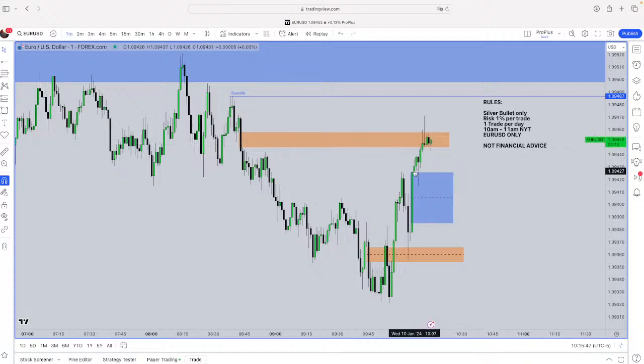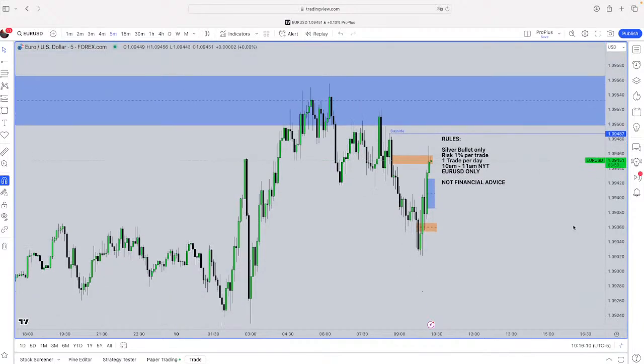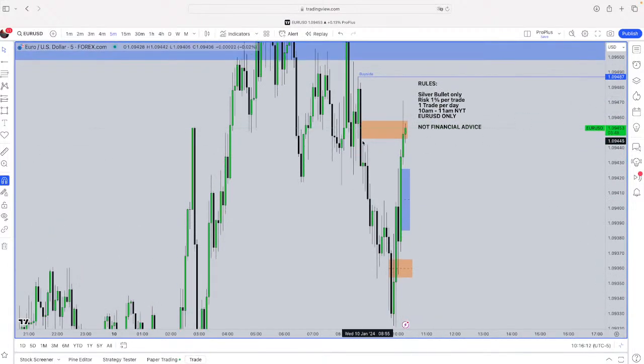Just keep an eye on this little inefficiency as well. Let's look on the 5. That teeny little inefficiency here, giving that a bit of support.